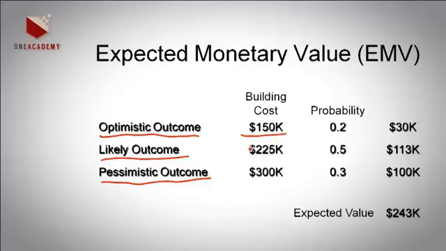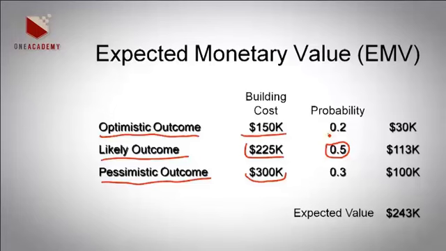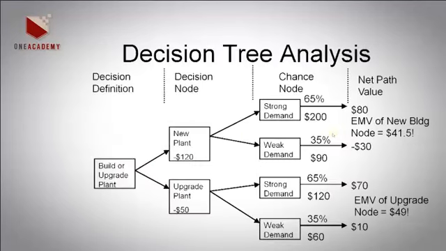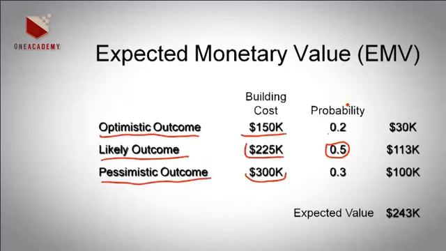The likely outcome is the middle of the way option, and the pessimistic outcome is the most expensive option. On the other side, the most likely outcome refers to the highest probability, and the optimistic outcome refers to part of the residual probability, and of course the pessimistic outcome sums all the probabilities up to 1, which is, if you remember, an important feature when we're dealing with probabilities. So all the probabilities here sum up to 1.